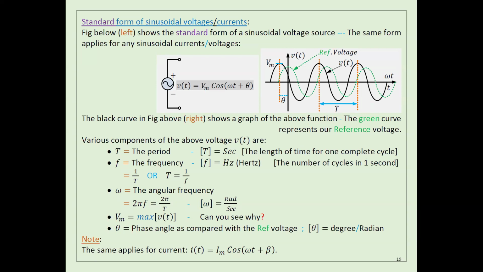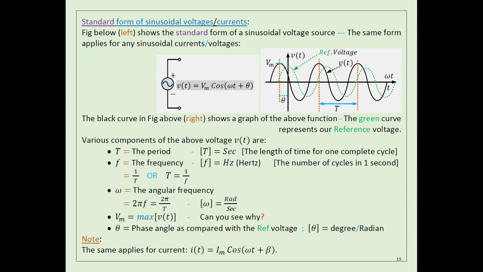Same thing, although this signal is for voltage, Vm cosine omega t plus theta, we can do the same thing for current. If you have a current here, Im cosine omega t plus theta. That makes sense? Or theta I, whatever the name, doesn't matter.